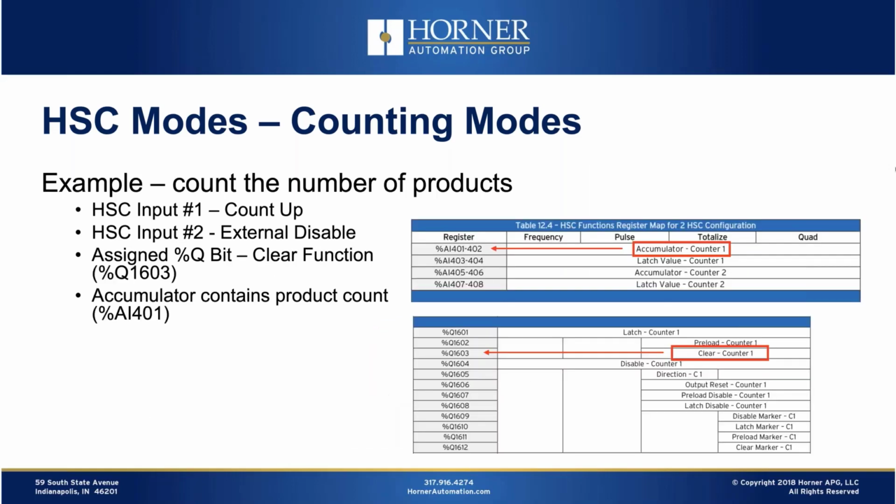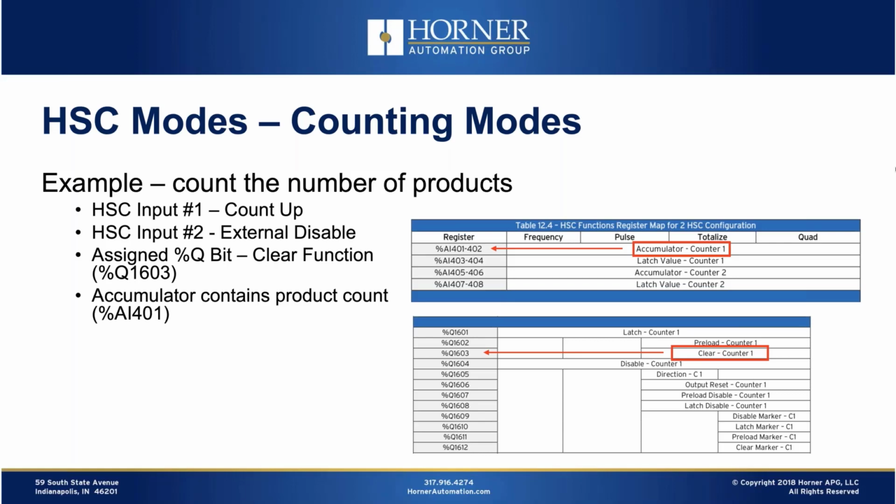Now, one question people often have is, I know that I need to look at the accumulator for my values in this example, but where is the accumulator accessed? Well, there is a whole set of I, Q, AI, and AQ registers that are assigned to the high-speed counter. Those can be moved around, but the defaults are shown in these tables here. For my example, I need to look at the accumulator, and that's AI 401 as a double integer.